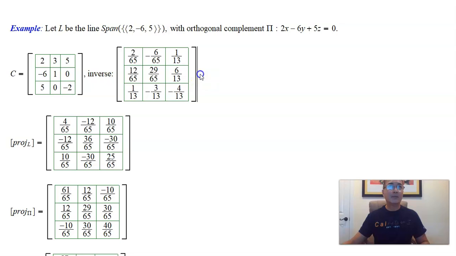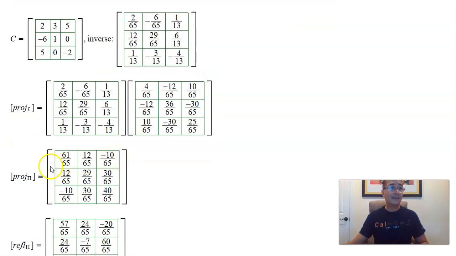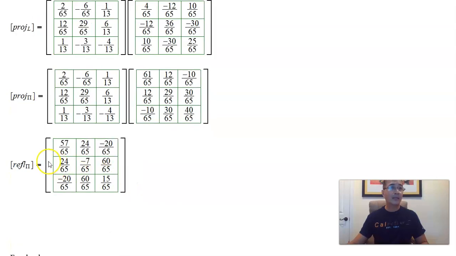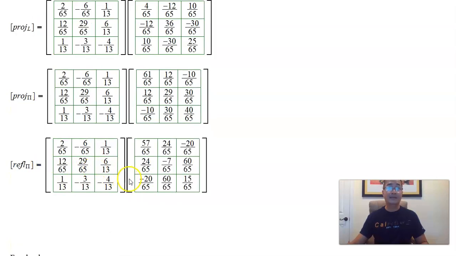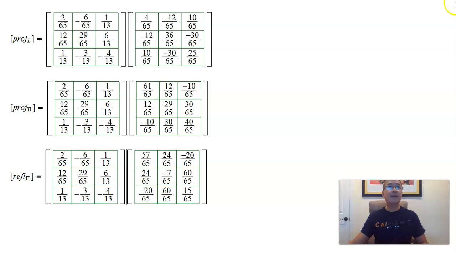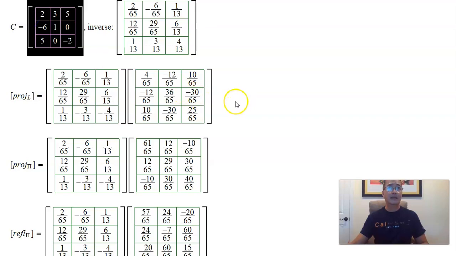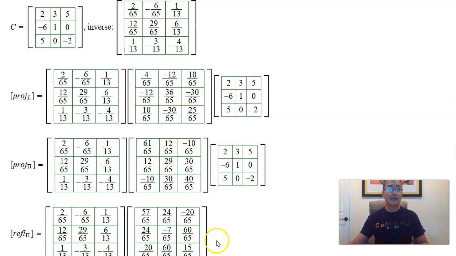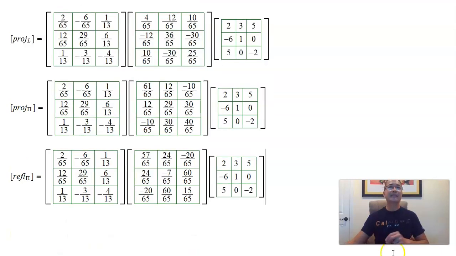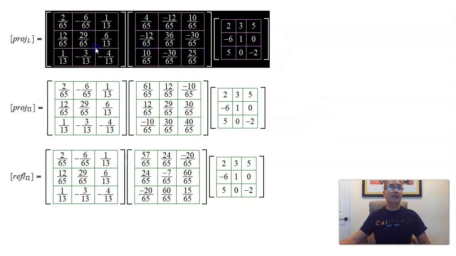I will put C inverse to the left of these three matrices, 1, 2, and 3. So that's C inverse on all of them. And then I will put C on the right. So C is here, here, here, and here. This is going to be amazing. What happens when you multiply these three together?